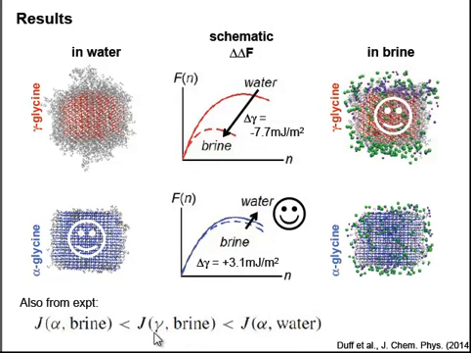And because we don't form the alpha polymorph in brine, we can infer that the rate of nucleation of the alpha polymorph in brine is slower yet than the nucleation of the gamma polymorph in brine.